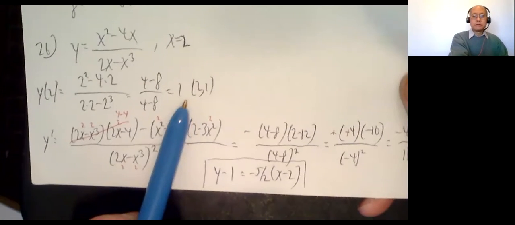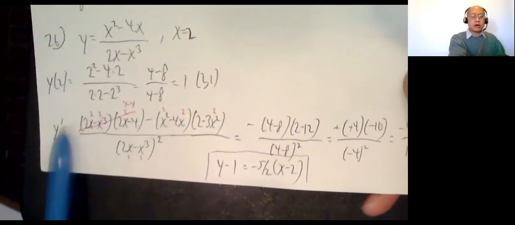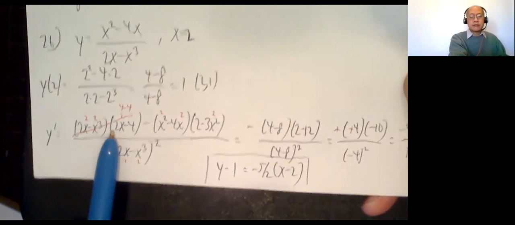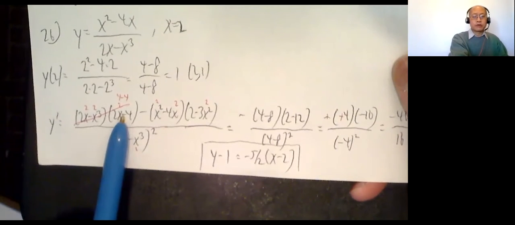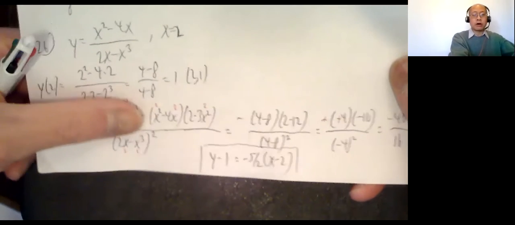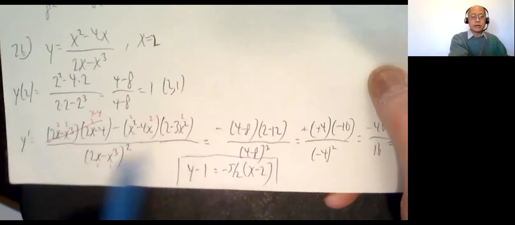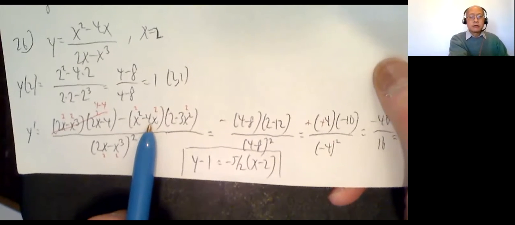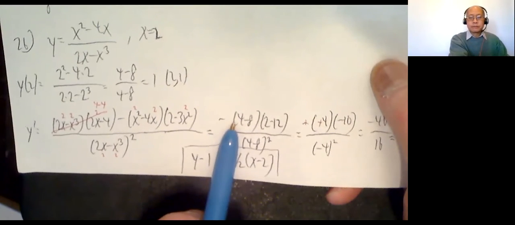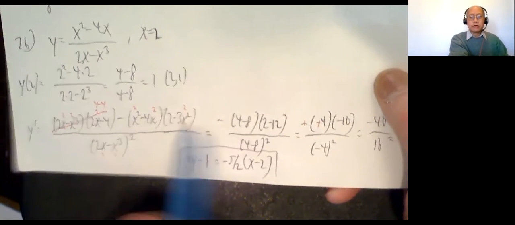Now I plug in 2. Everywhere you see x, put a 2. And once again, a lot of the arithmetic is the same as back here, right? 2 times 2 is 4. 4 minus 4 is 0. 0 times that is 0. So I can just ignore all of this. Okay, negative. Put a 2 there, 2 there, 2 there, 2 there, 2 there, right? So 4 minus 4 times 2 is 8. 2 minus 3 times 4, 12.